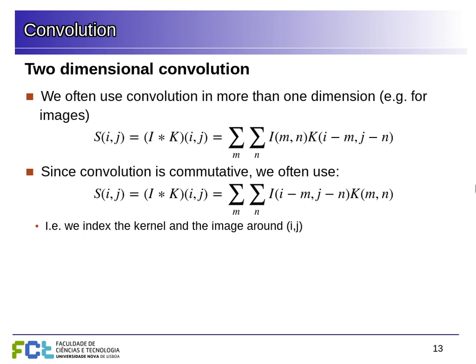So for the value of the convolution at coordinates i and j, we consider that we are placing the kernel at coordinates i and j of the image. And then we follow these coordinates on the kernel and the modified coordinates on the image.